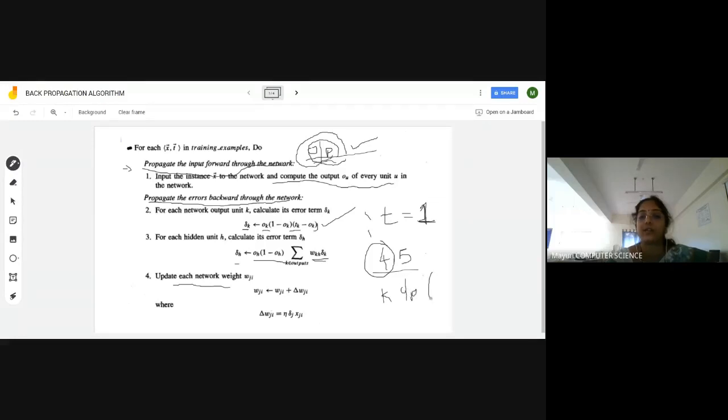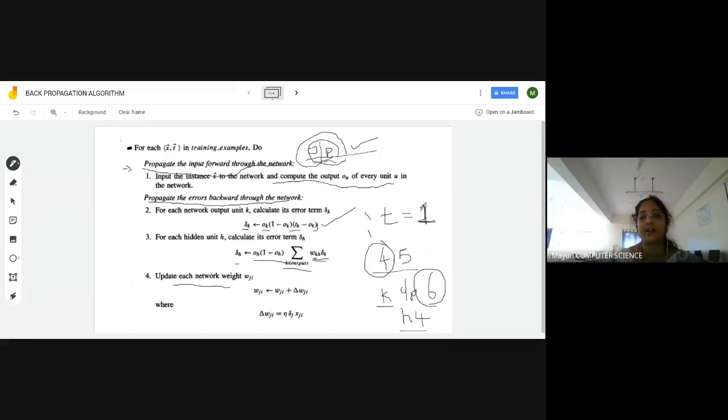Here K is 6, and H is 4, because I am calculating the error at hidden unit 4. K belongs to the outputs, H belongs to the hidden layer.